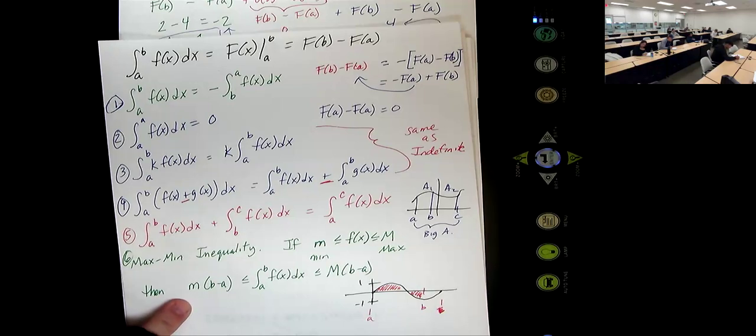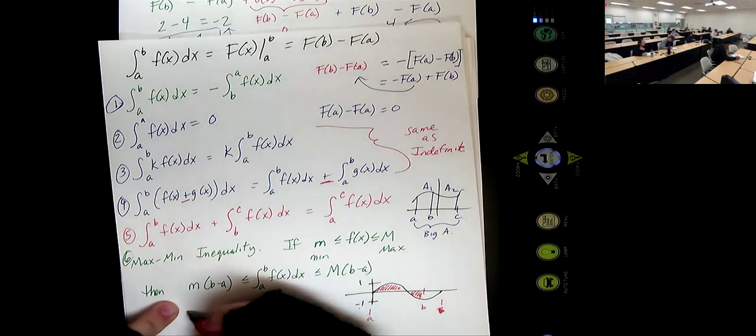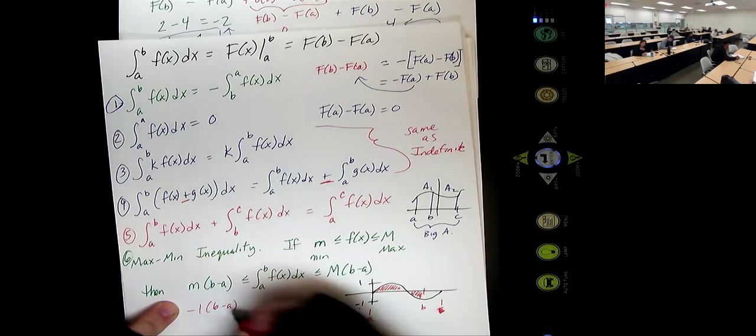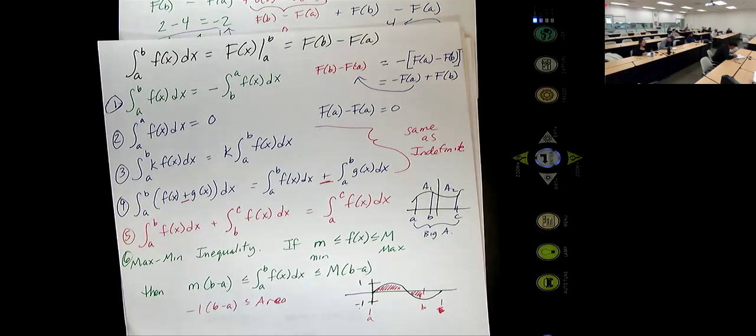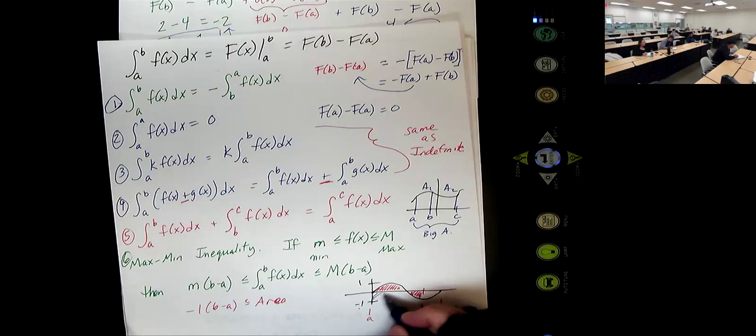Then little m would be the -1. So -1 times b minus a is less than or equal to the area. This whole lower rectangle is -1, and that rectangle is m times b minus a.